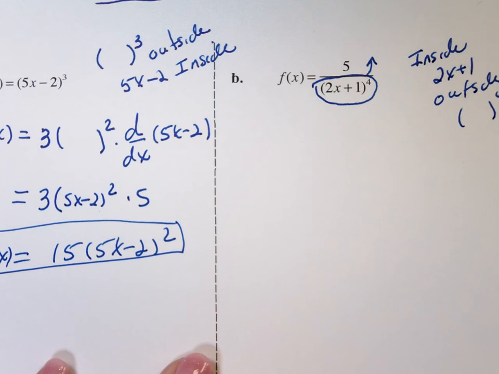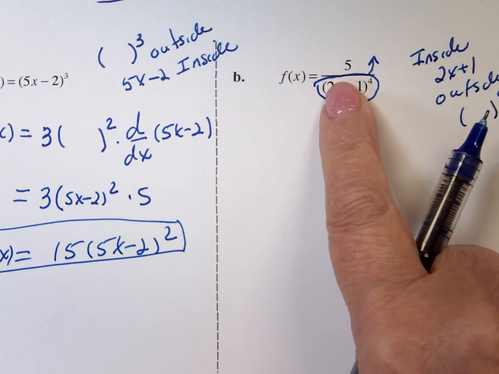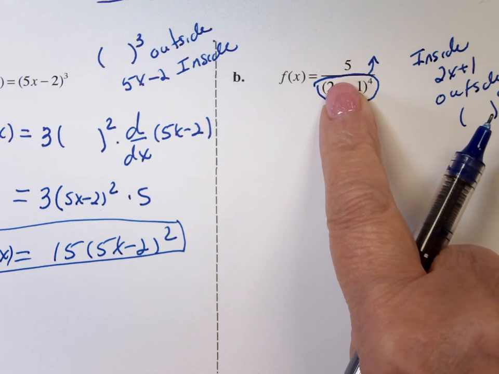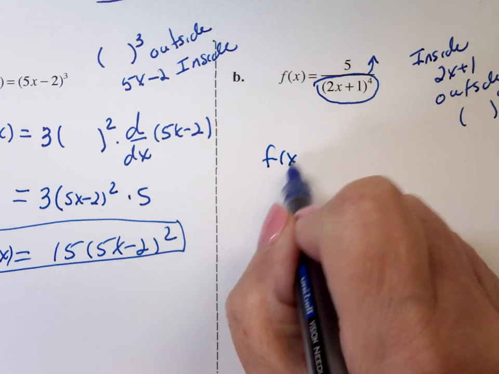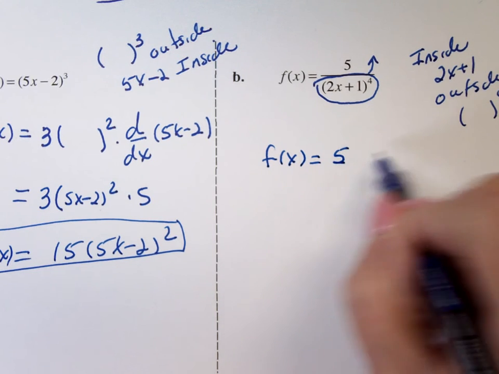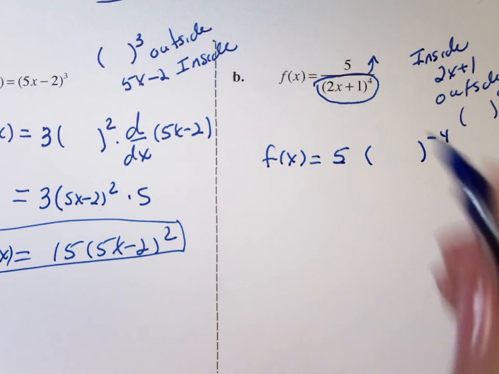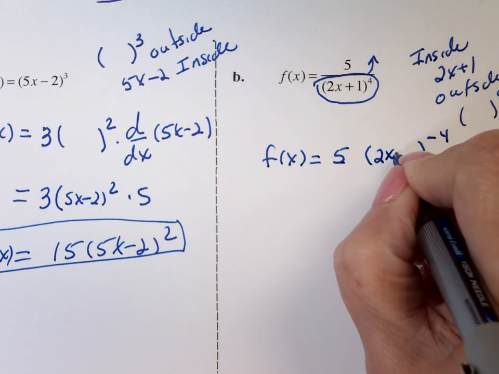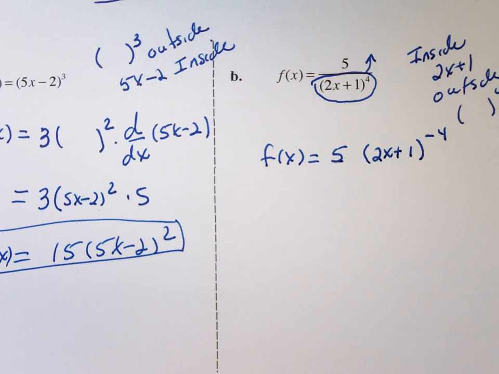These are blobs. So I look at it as blob to the 4th power. If I were to rewrite this, I'd rewrite it as f of x equals 5, bring that set of parentheses up, it comes up as a negative 4, and the 2x plus 1 comes along for the ride, because it's encased in parentheses.